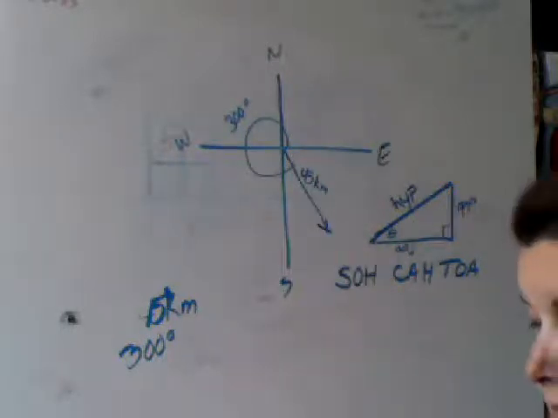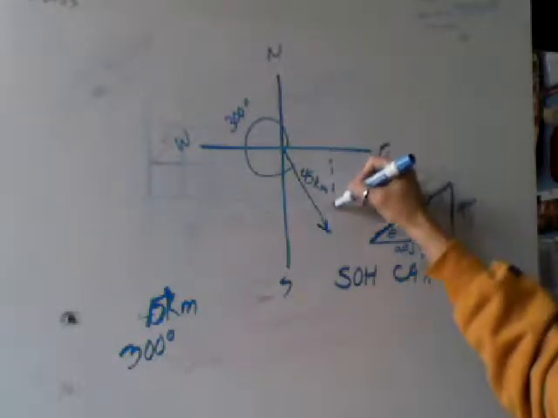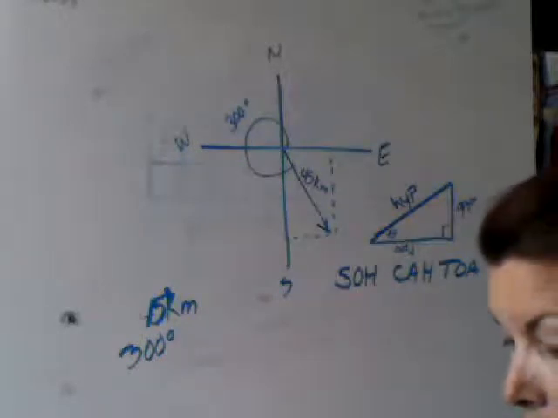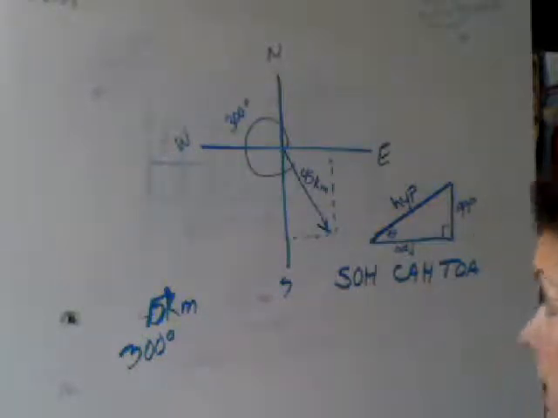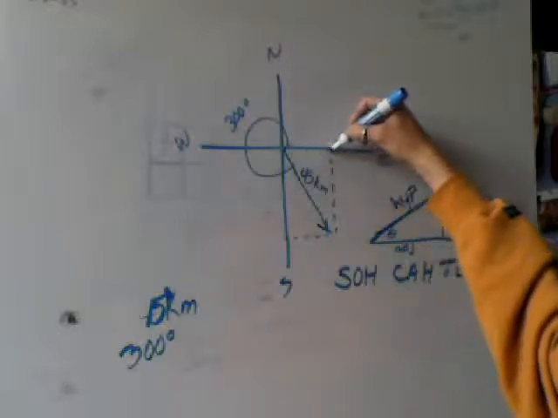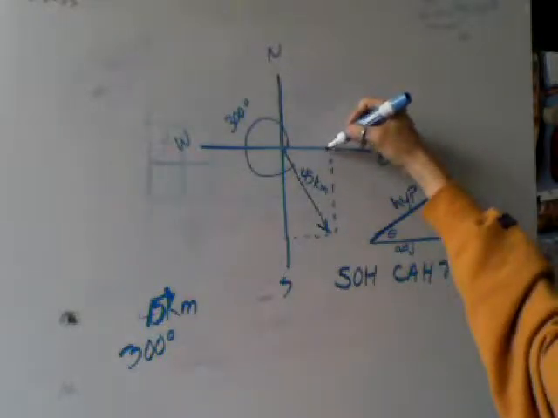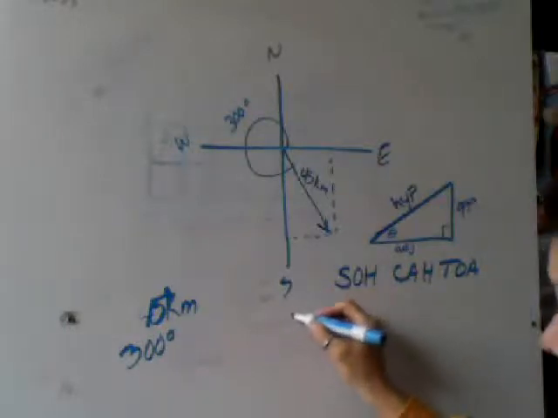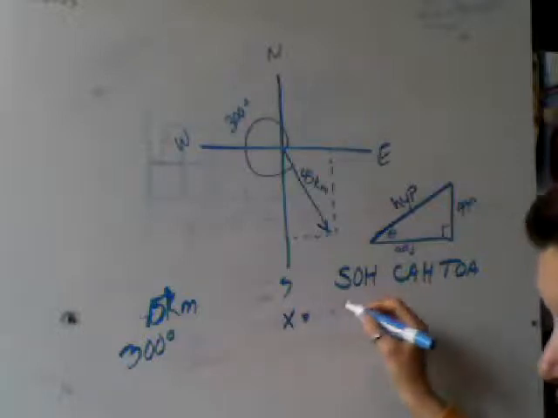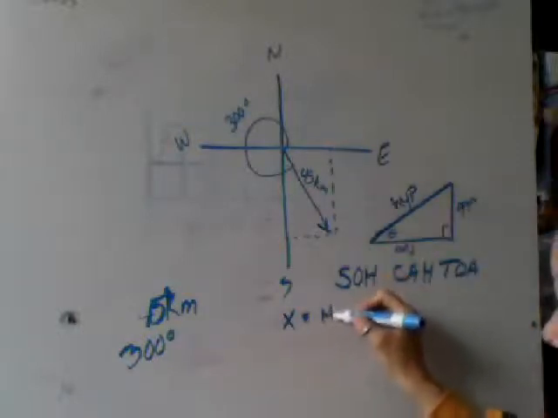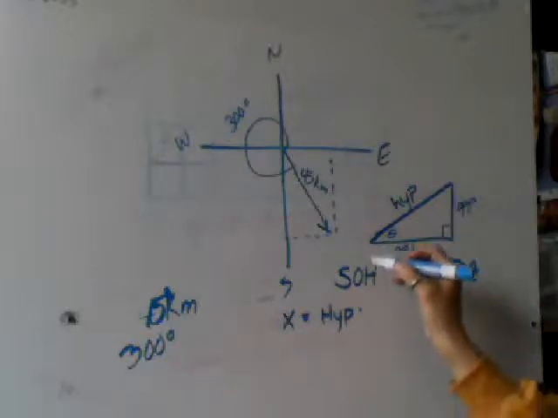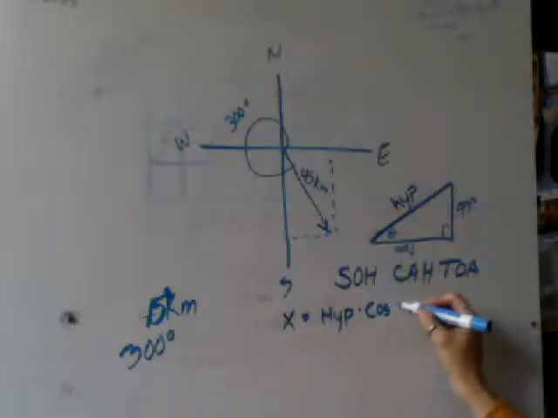Well, when we use our cardinal directions, we can make right triangles, and we can use our trigonometry functions to determine that. So we can determine that our component in the x direction, or our base here, is going to be, so it's in the x direction, it's going to equal our hypotenuse times the cosine of angle theta.